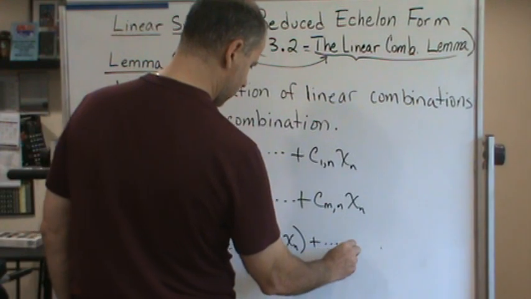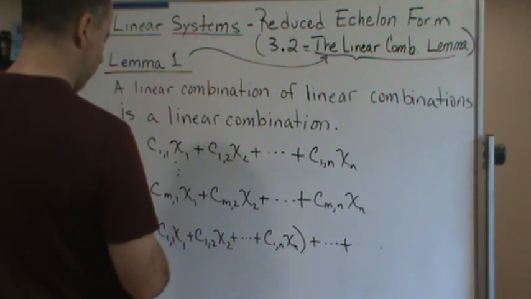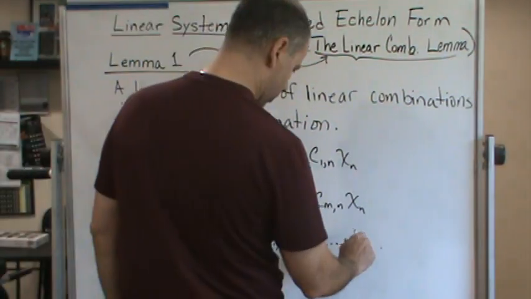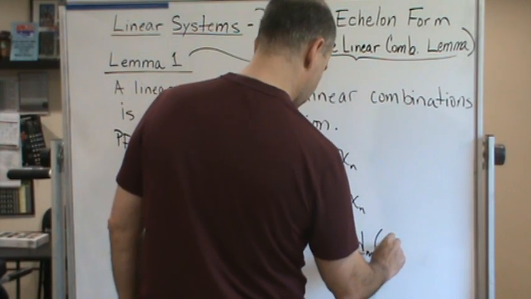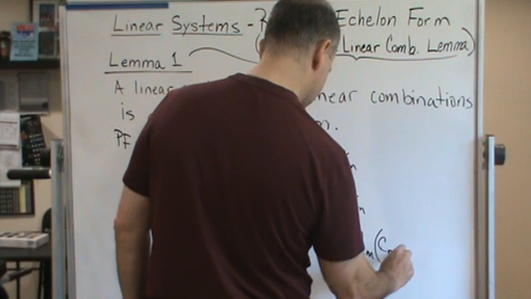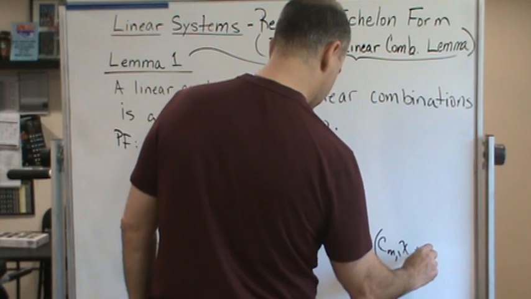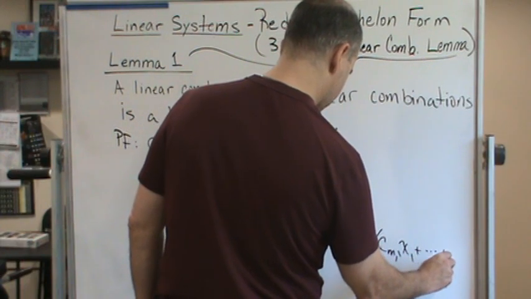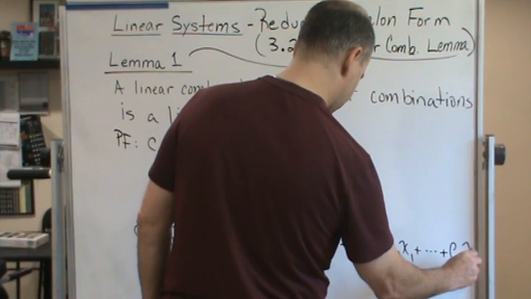plus dot dot dot plus, we'll call this d sub m, because we have m of these. So d sub m times c m1 x sub 1 plus dot dot dot plus c sub m n x sub n.